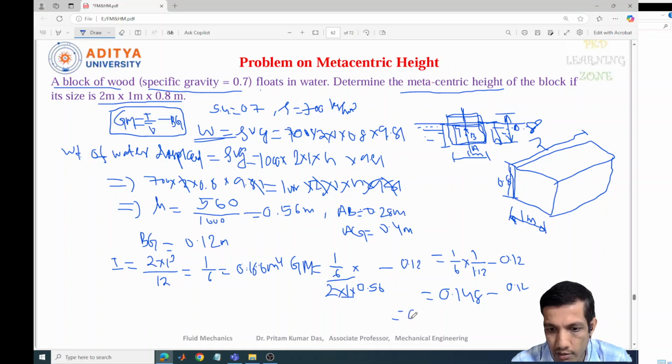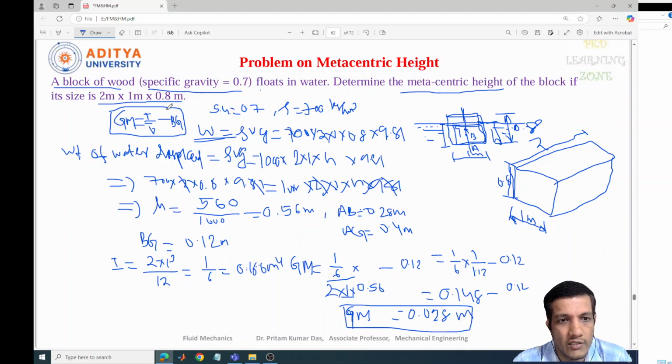So we'll get 0.0028. This is in meters, and this is the value of meta-centric height, GM.